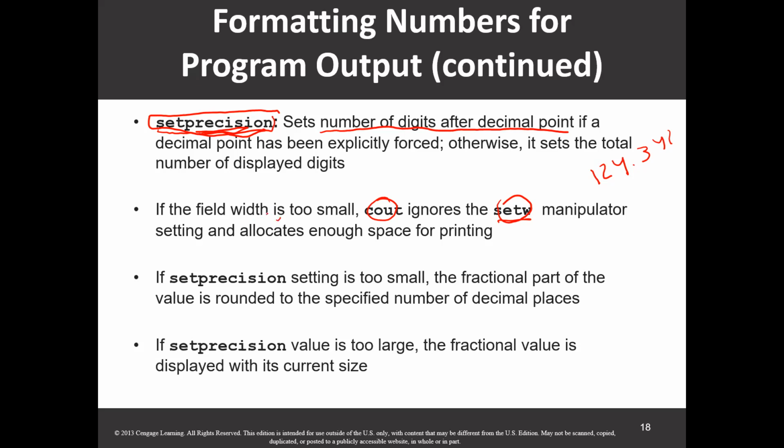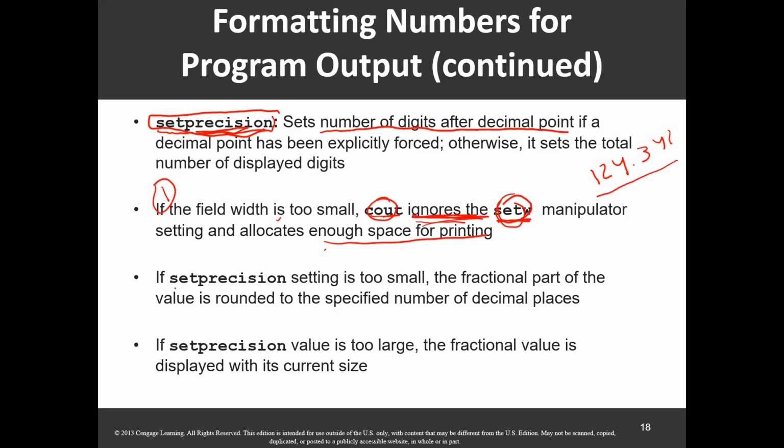If the field width is too small, cout will ignore setw. Okay, the manipulator goes and allocates enough space for printing. يعني مثلا لو أني طلبت هنا setw تكون 3 for only 3 وأنا already عندي decimal numbers. اوكي ايش راح يصير في هذه الحالة؟ cout will ignore setw، يعني بطنشك، أنت قلت لي بس 3 وأنا already عندي another decimal places، وين أحطهم فيه، it's going to ignore the setw. هذه first situation الأولى، إن إذا كانت الست W ضيقة مرة صغيرة على printed number, cout will ignore setw.